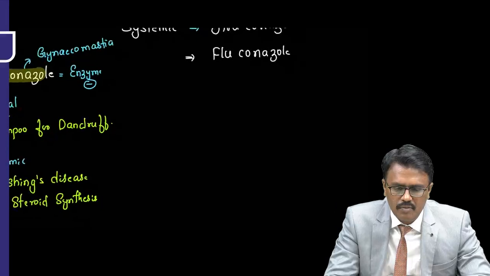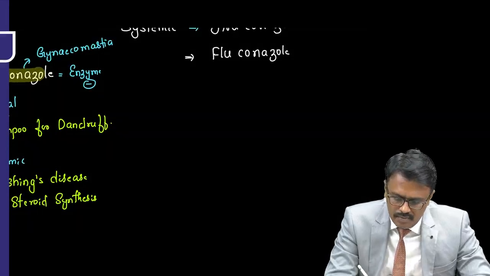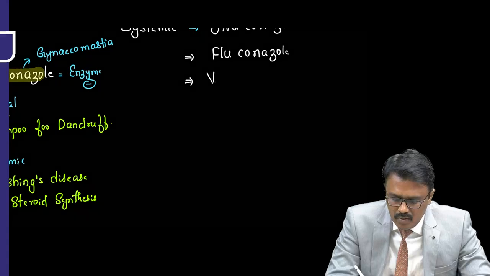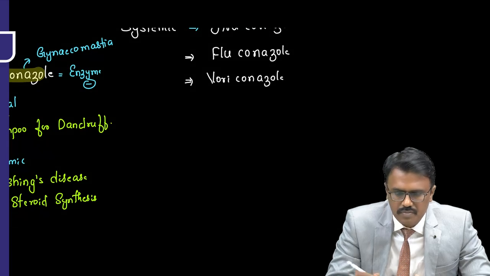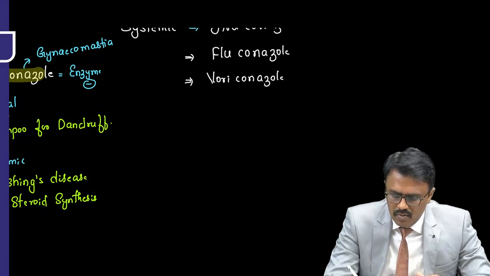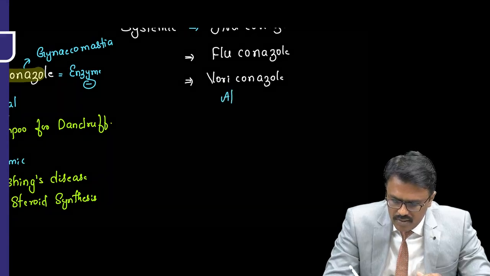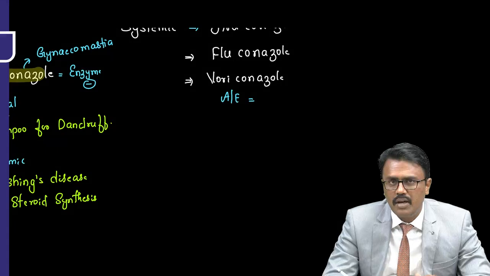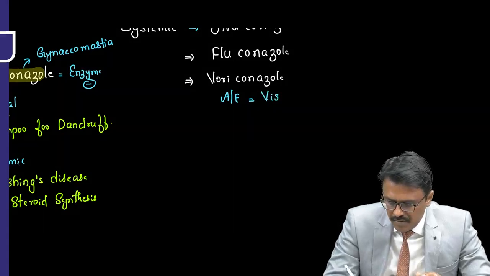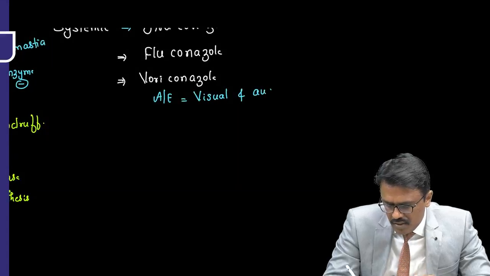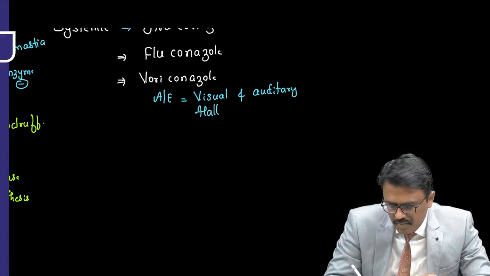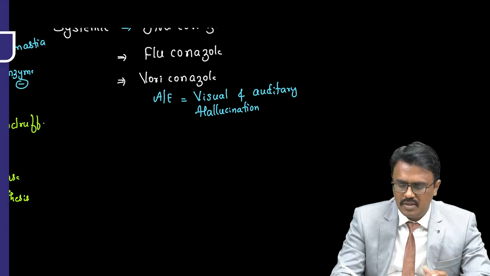And we have another important one, voriconazole. Voriconazole has shown an adverse effect, that is, patients may develop visual and auditory hallucination. So remember V for visual hallucination.